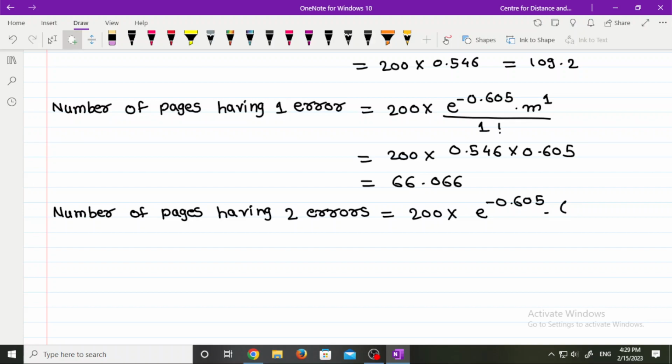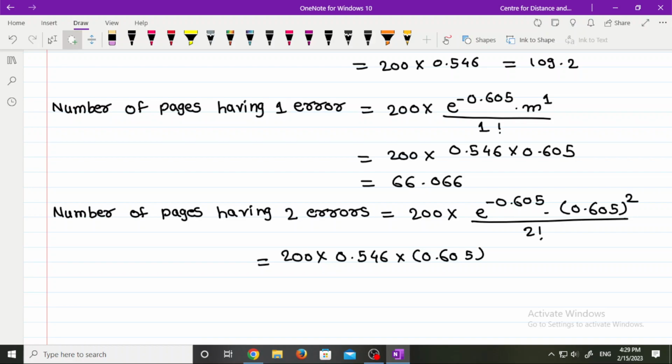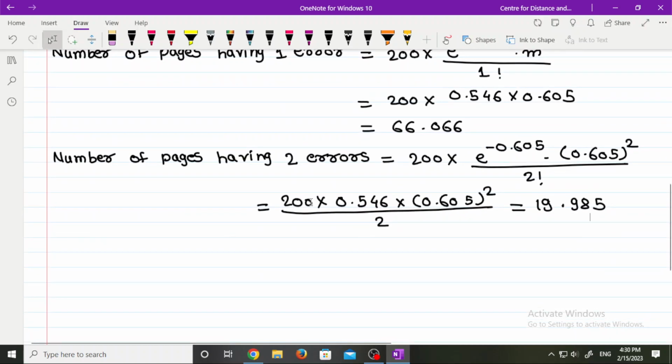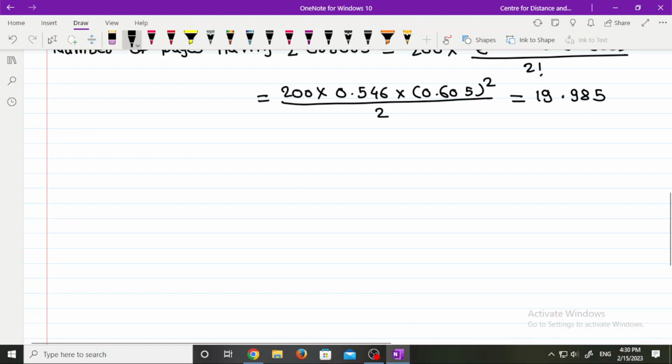What is the value of m? 0.605 raised to 2 divided by 2 factorial, which is equal to 200 into the value of e raised to minus 0.605 is equal to 0.546 into 0.605 squared divided by 2 factorial, which is 2, and when we calculate all these terms we get the answer 19.985.